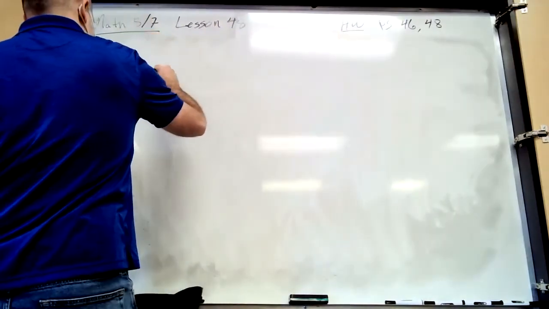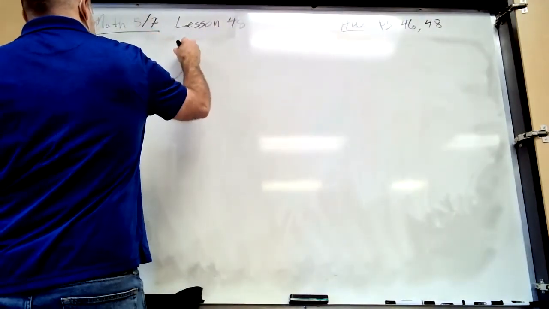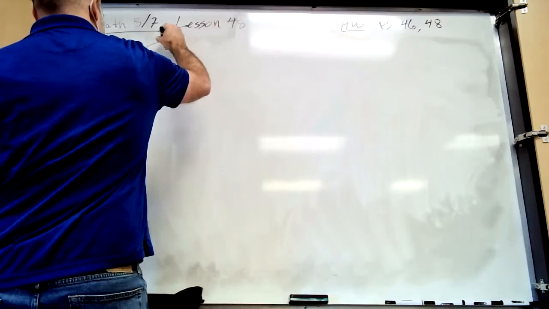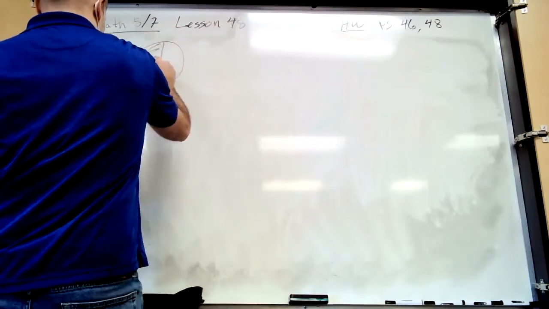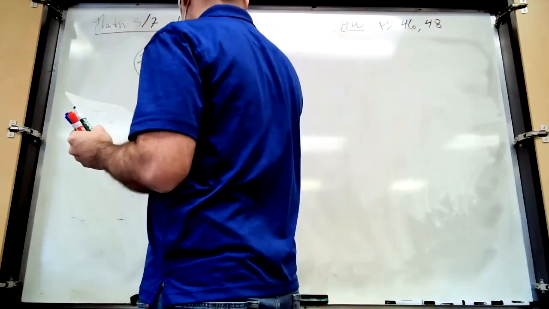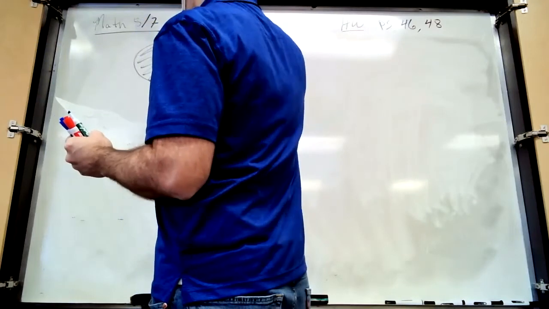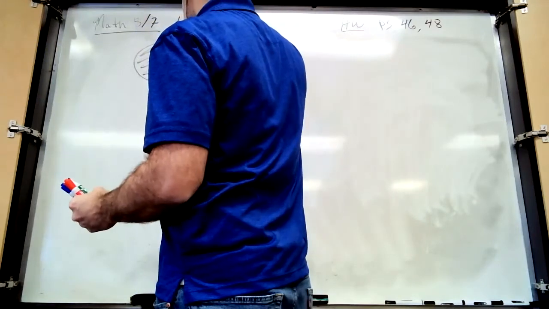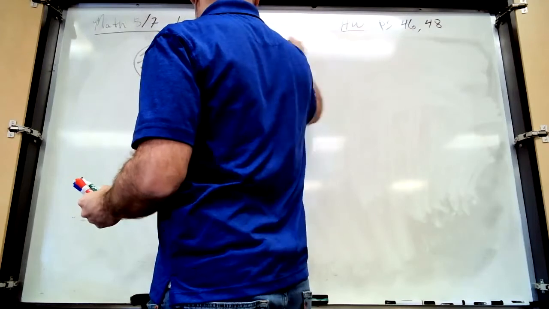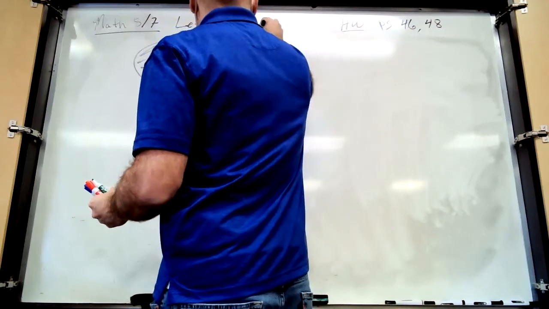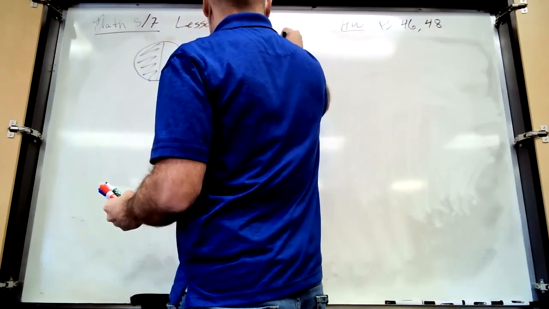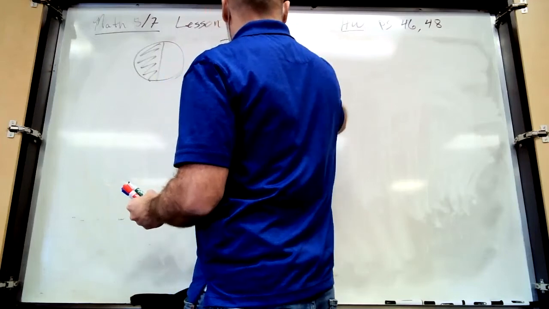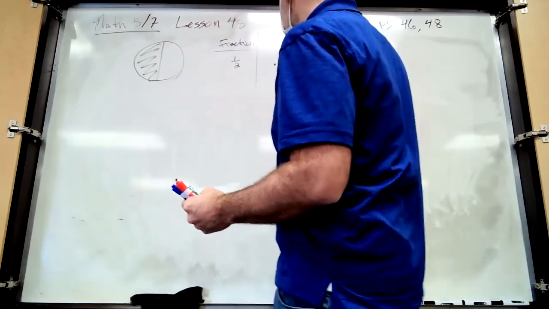Let's see if we can give the fraction, decimal, and percent of this shaded area. Most of you should know this, right? What fraction is shaded? 1/2. And then the decimal? 0.5. These are things that you know.